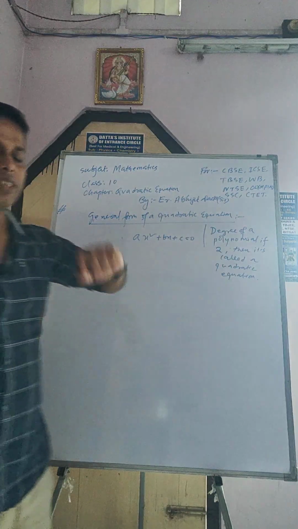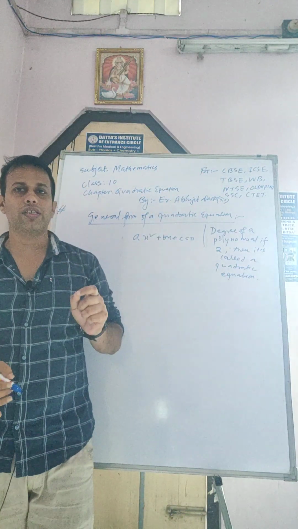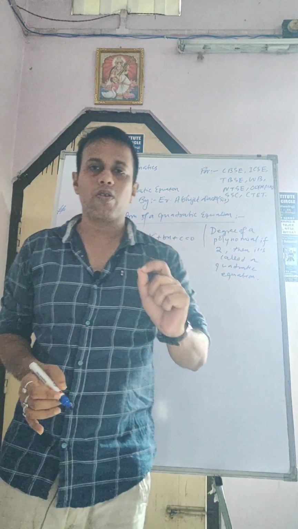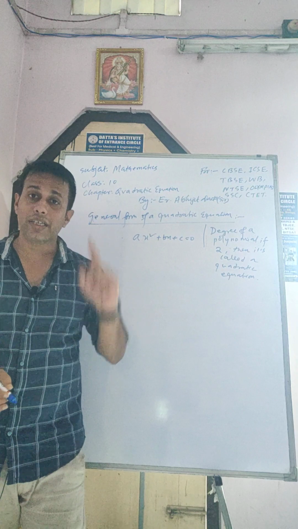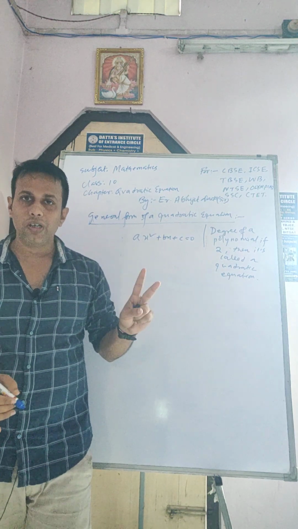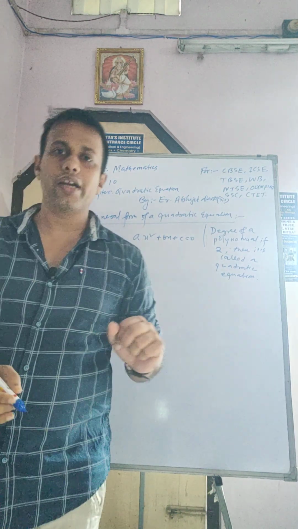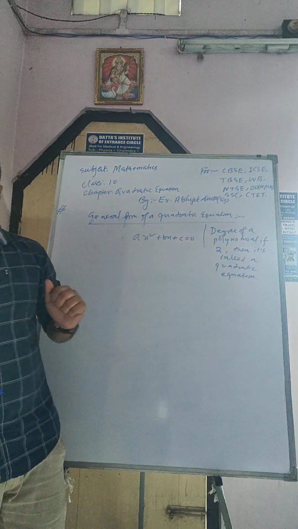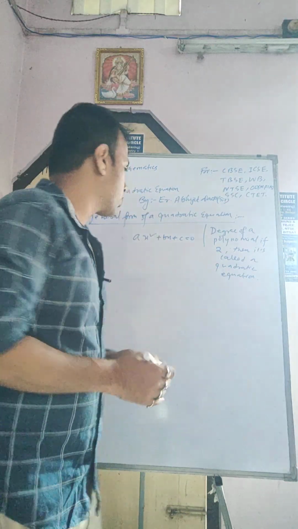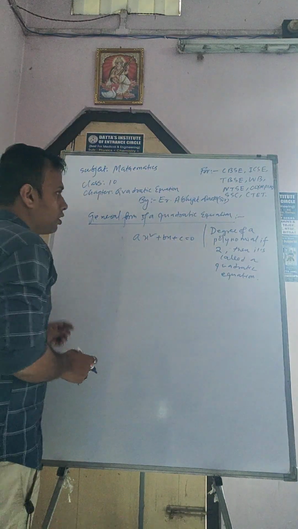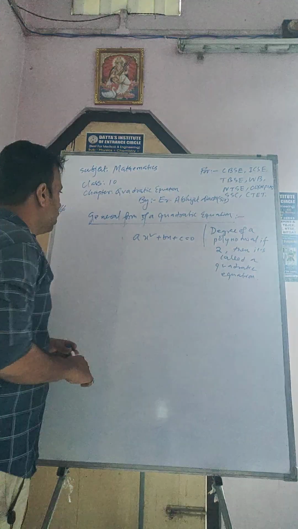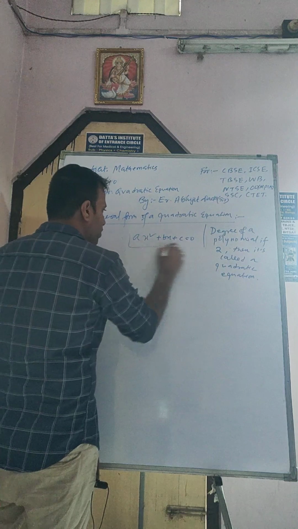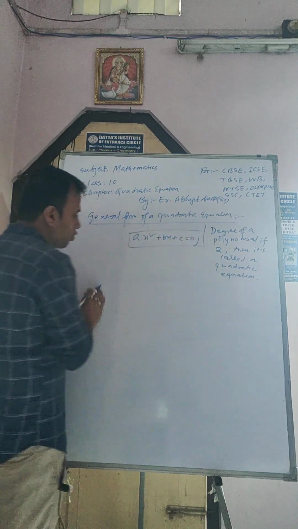The degree is the maximum power of x in the equation. If the degree of a polynomial is 2, then it is known as a quadratic equation. If the degree is 1, it is a linear equation, and if the degree is 3, then it is a cubic equation.